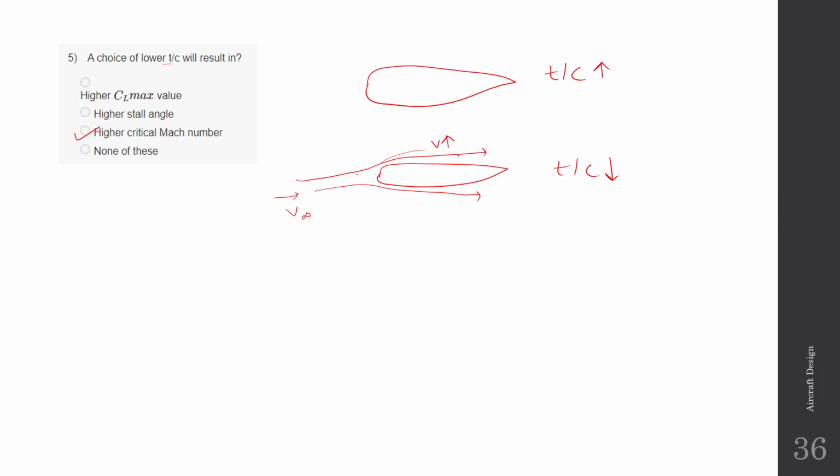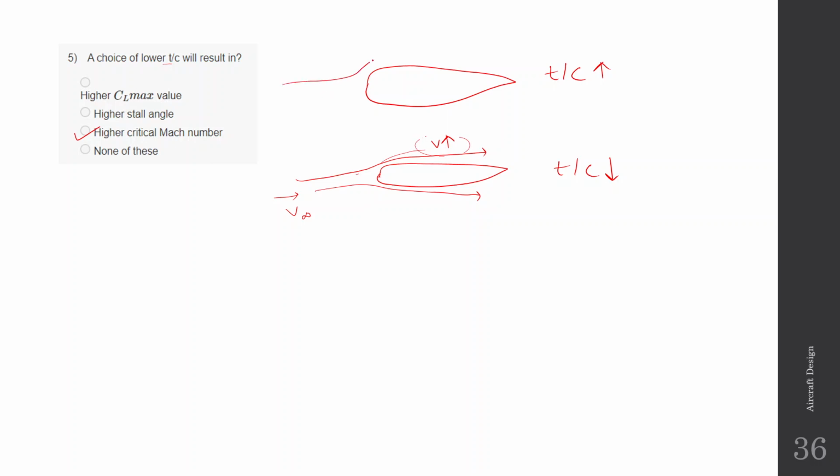Since the airflow is not disturbed a lot, this increase in velocity is also not very high, so in this case you will have a higher critical Mach number.